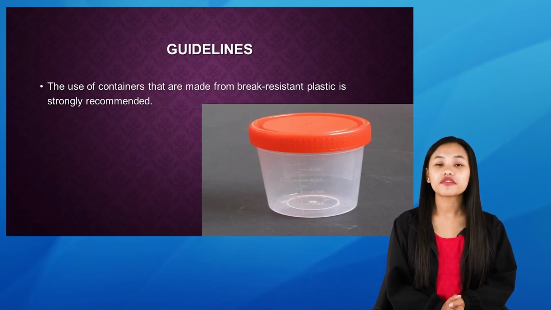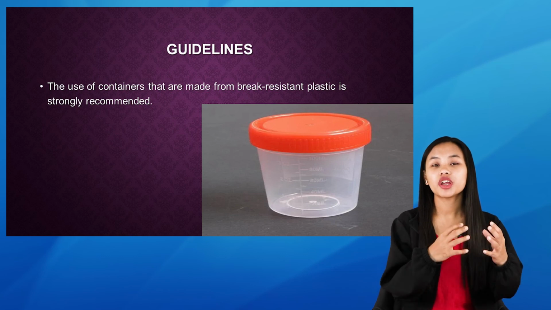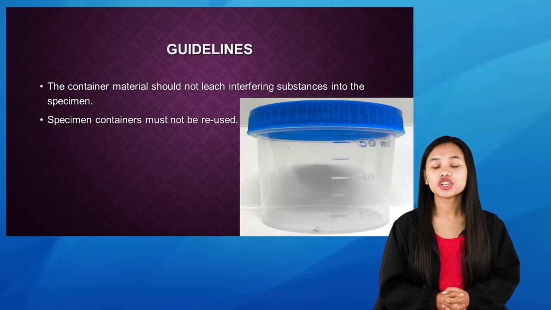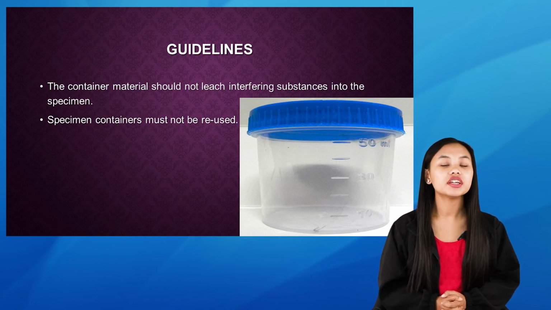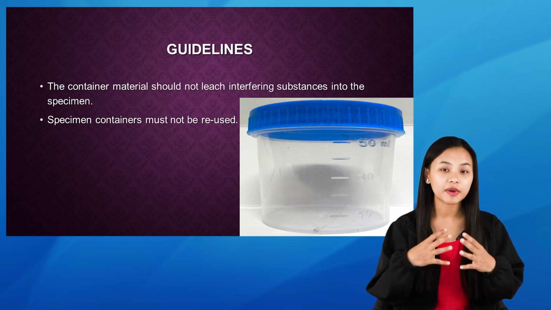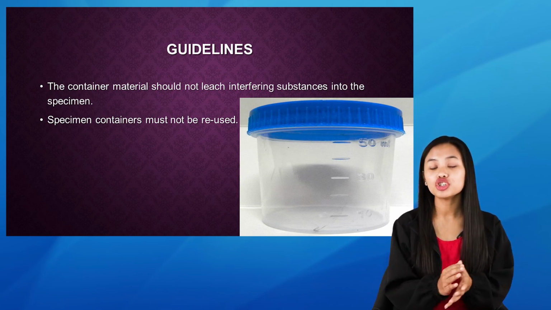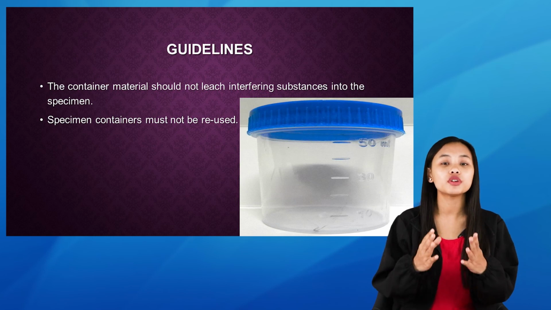Which is why the use of containers made from break-resistant plastic is strongly recommended. The container material should also not leach interfering substances into the specimen. And once the specimen container has been provided to the patient, you should make sure that it is not reused. Suppose the specimen container was given to one patient, and after the sample was collected and handed over to you, another urine sample must be collected from that same person.